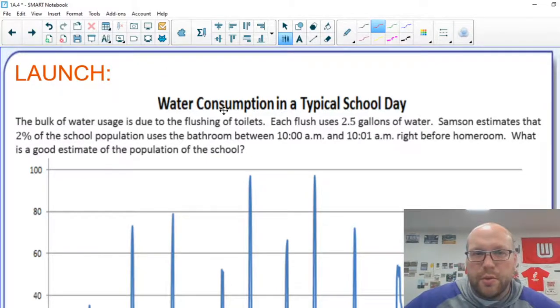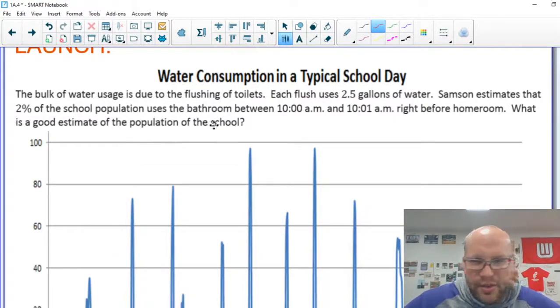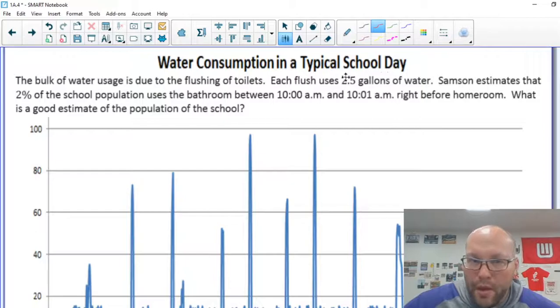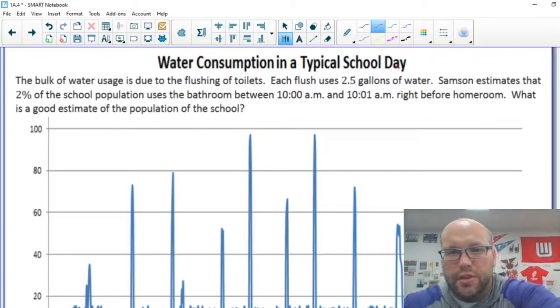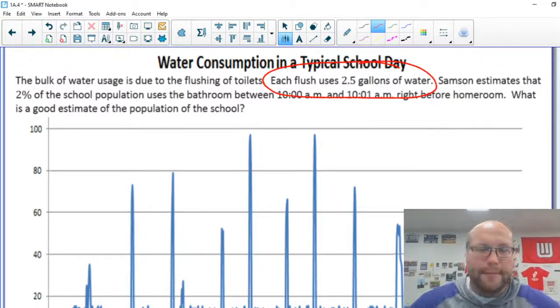So here's a situation we're going to take a peek at, and we can figure out more than just looking at water consumption. We can figure out a lot more things with some information. If we look at this question, it says the bulk of the water is from flushing. So again, little drinks of water here and there, not too bad, but flushes are 2.5 gallons of water per flush. That's a piece of information we're going to need.